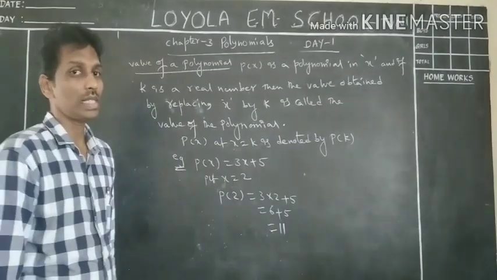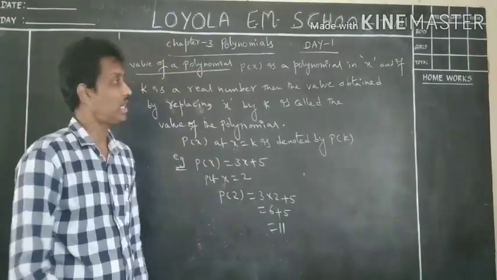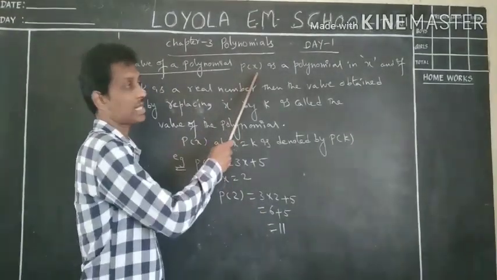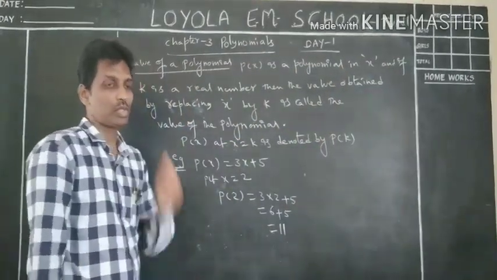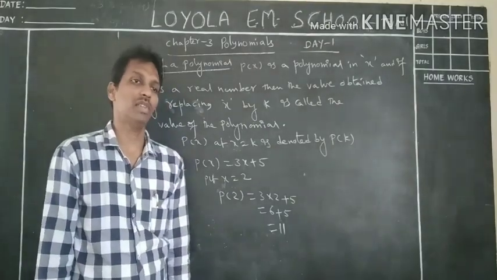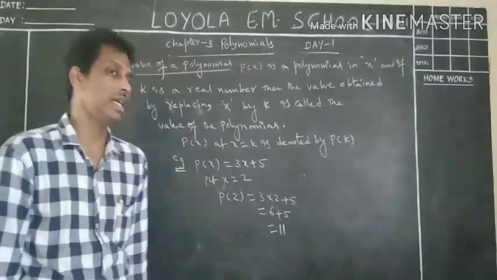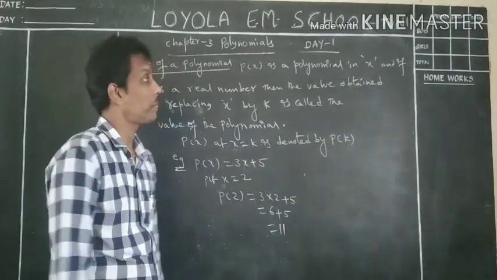Now, the next topic is: what is the value of a polynomial? Here, p of x is a polynomial in a variable x. Let us suppose one polynomial is given, that we consider as p of x. Why? Because the entire polynomial is given in terms of the variable x.